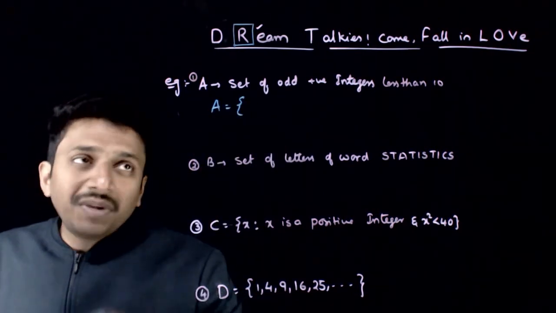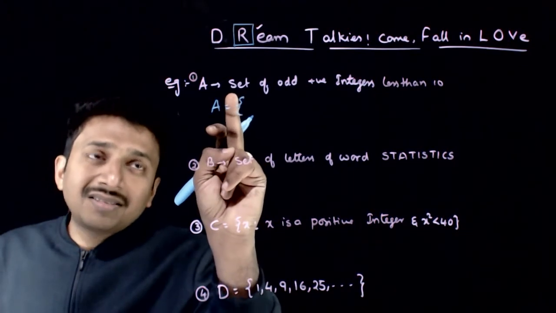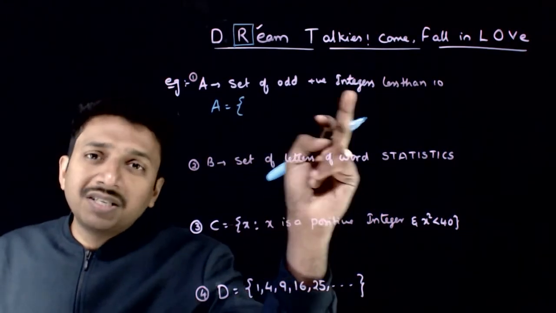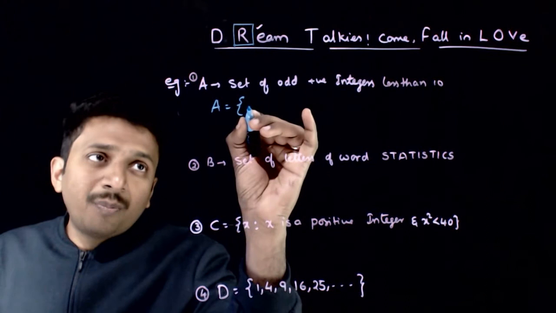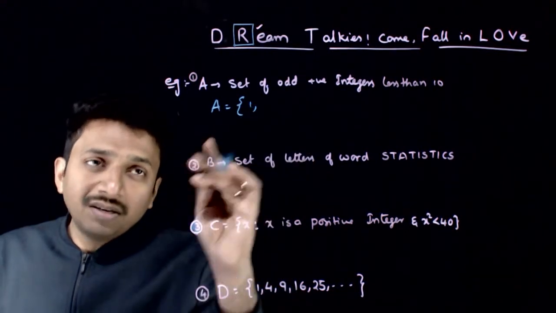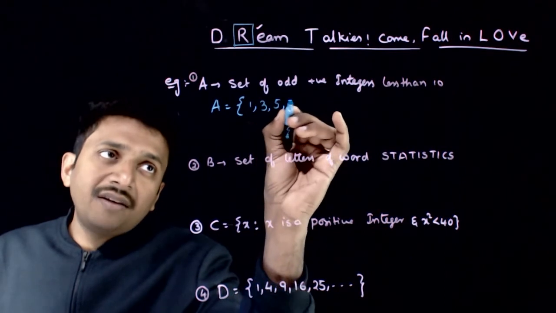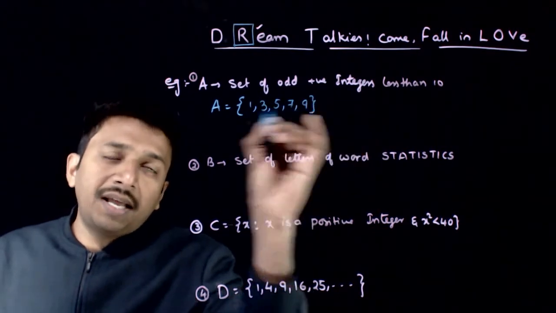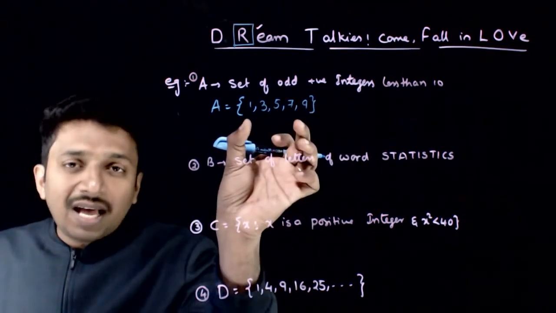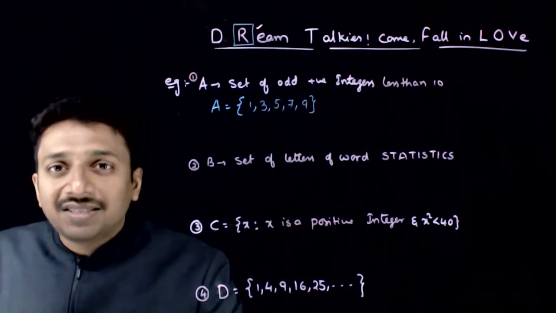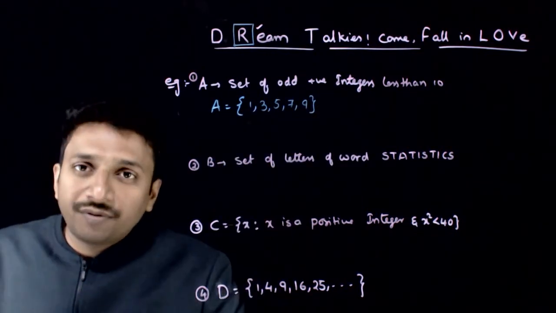The roster form: you have odd positive integers starting from 1, and only odd numbers 1, 3, 5, 7 and 9. These are the odd positive integers which are less than 10. So this will be the roster form.